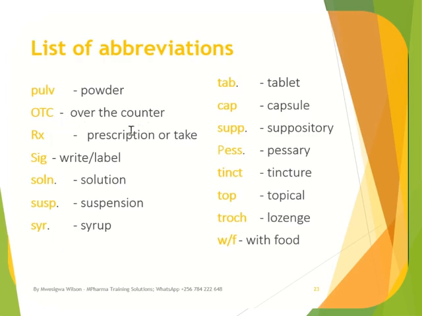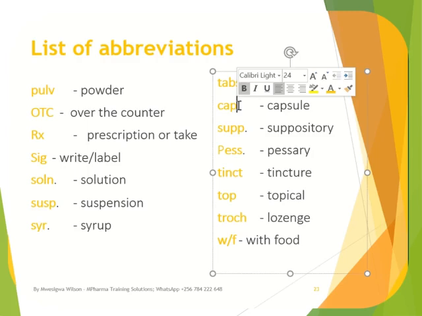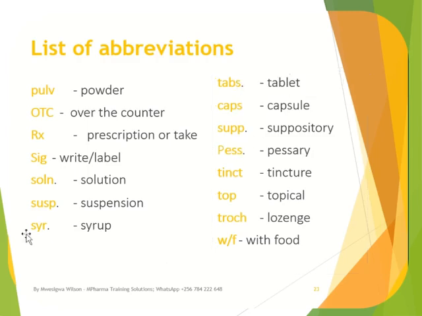OTC, we saw this one earlier. RX; solution; suspension; syrup. Tab means a tablet; capsule. Suppository; pessary; tincture; topical; troche, a lozenge; with food.